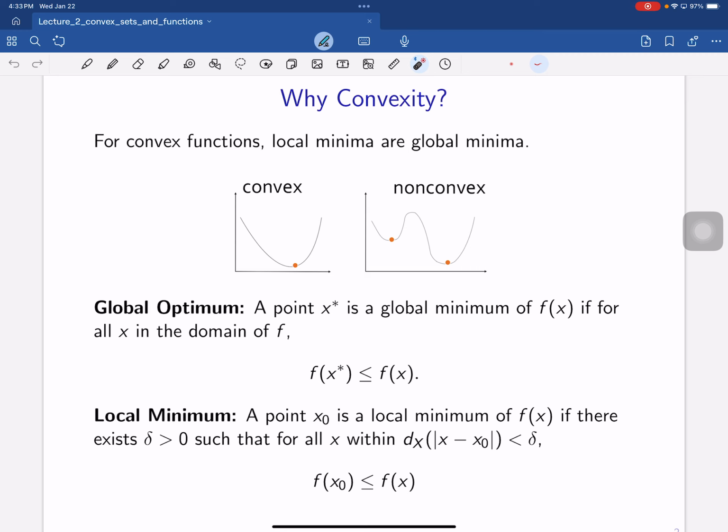And we say x0 is a local minimum of f of x if there exists a delta greater than 0 such that for all x within delta distance of x0, we have f of x0 less than or equal to f of x. So within a small ball of radius delta, for all x in this neighborhood, x0 gives you the minimum. That's the difference between global and local minimum. A local minimum is within a small domain, and a global minimum is within the whole domain.